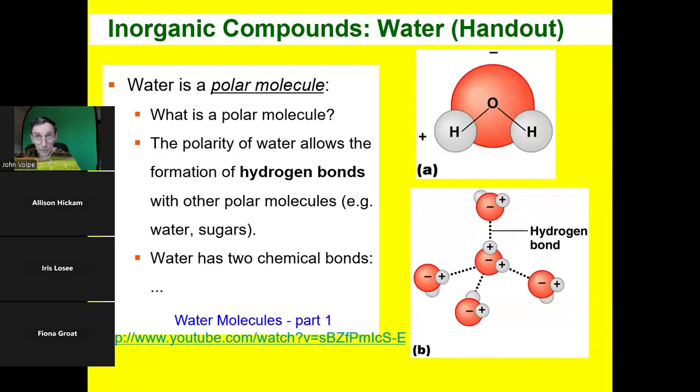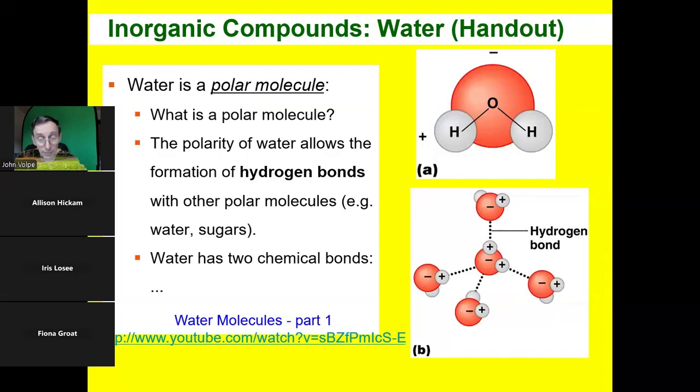And then if we were to permanently break all of the hydrogen bonds in liquid water, you'd have gaseous water where the water molecules have so much energy that they do not form a hydrogen bond. And without hydrogen bonds, you don't have liquid water, you have gaseous water. Any questions about any of that?